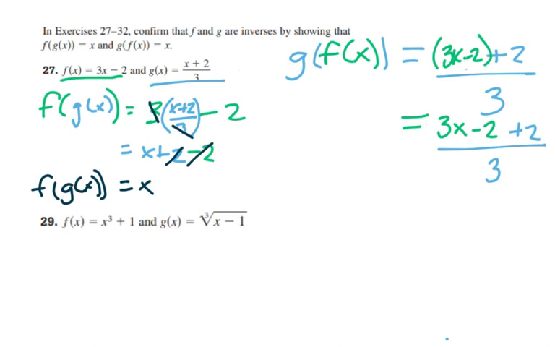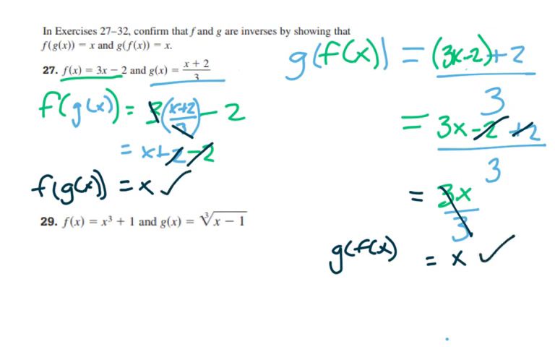The numerator then, the plus 2 and the minus 2 can cancel, and so we'll be left with 3x divided by 3, which of course will cancel the 3s, and we'll have x, which means that g of f of x equals x as well. And so because they both equal x, f and g are inverses.